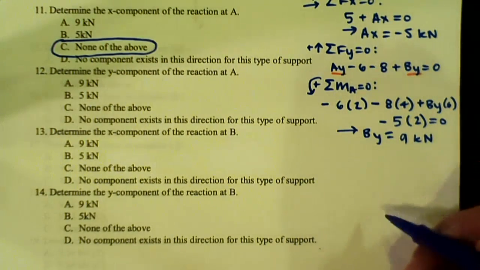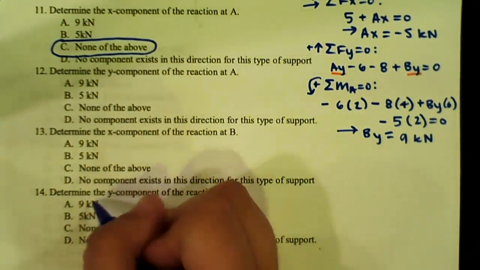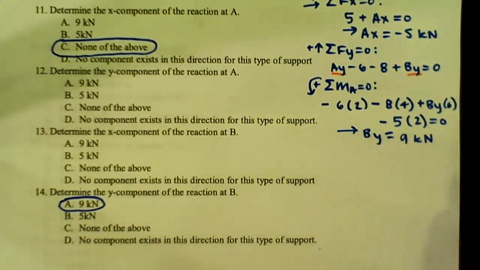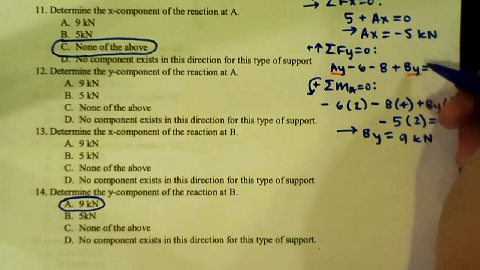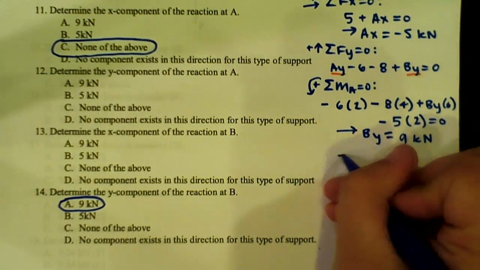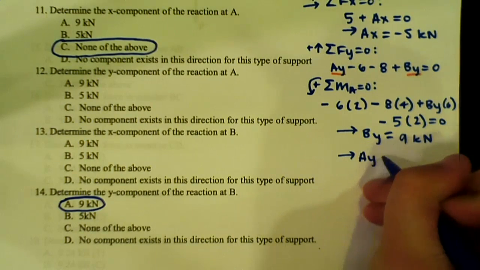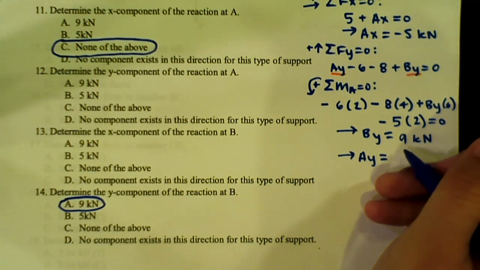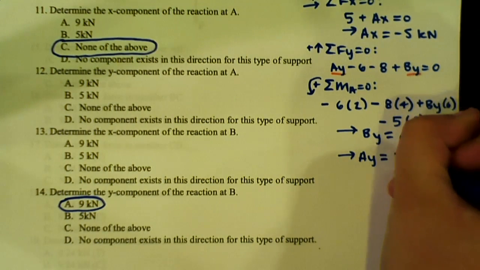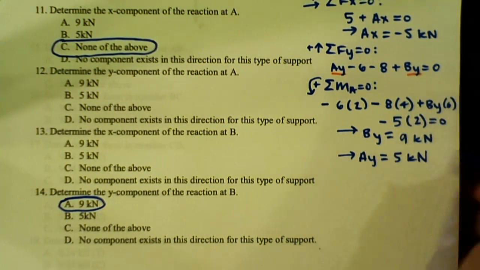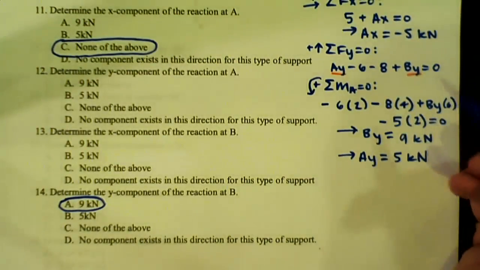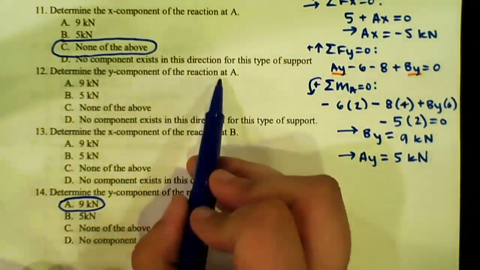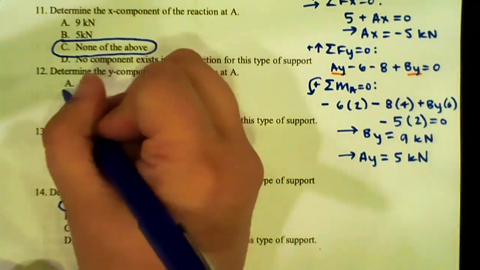So our BY for 14 is going to be A. Now we can plug BY back into our sum of the forces in the y direction and find that our AY value is equal to 5 kilonewtons. So looking at number 12, the y component of the reaction at A is 5, so our answer is B.